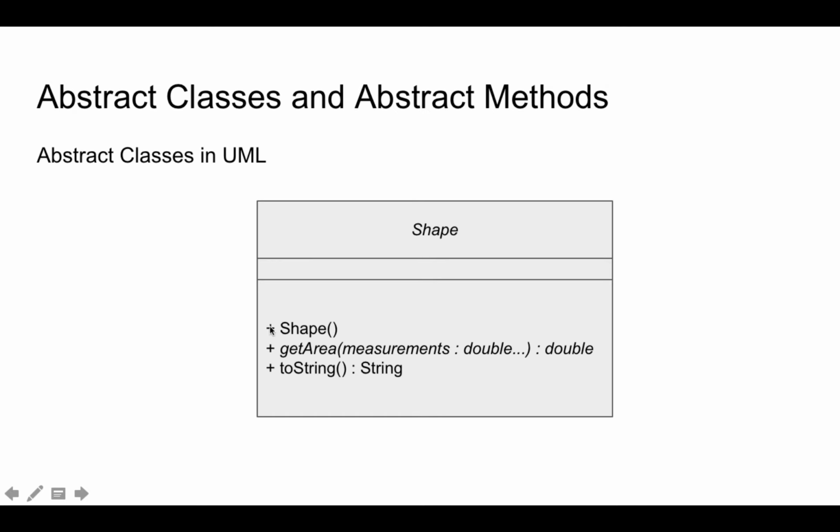In this particular case, I'm showing a shape constructor which did nothing. We've got our getArea method, which is abstract. I also included a toString method for the class diagram, just in case you want to include that as well. But the two things to take note of are that the name of the class, as well as the getArea method, which is abstract, are both italicized to indicate that these two things are abstract. So this indicates that the shape class itself is abstract, and this indicates that the getArea method is abstract. Okay.